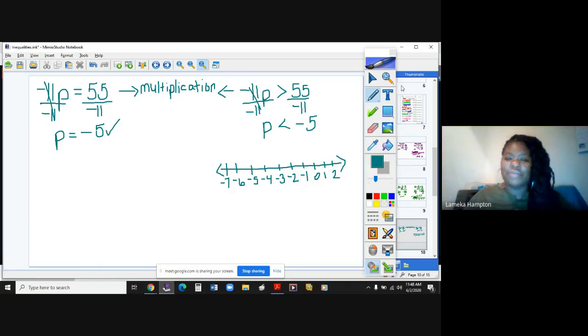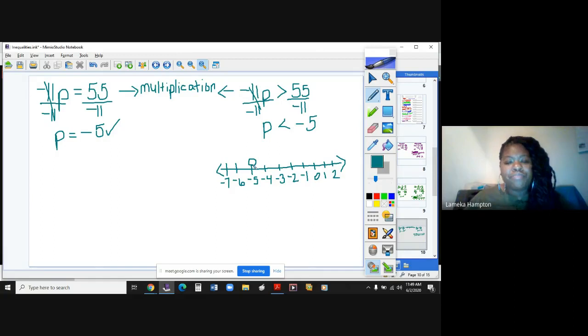day, okay? So based on my sign here, because my sign is a less than sign, I am going to have an open circle over my -5. This is going to let me know that -5 is not a part of this solution. It's just not.